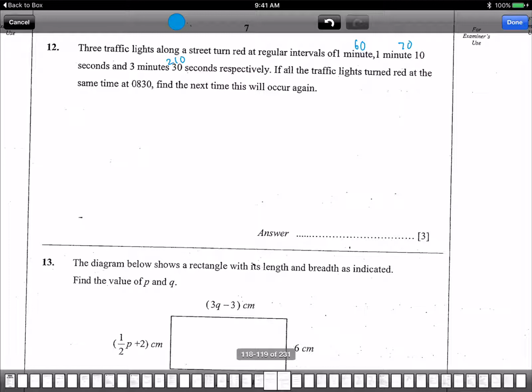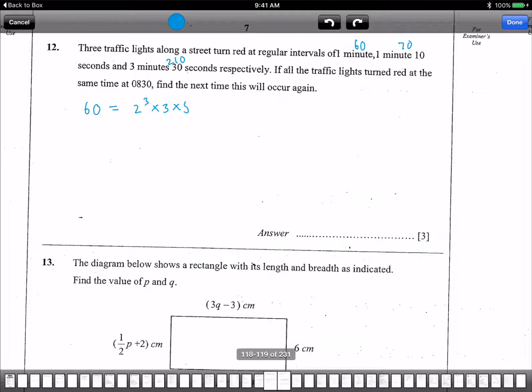Correct? So all the traffic lights turn red at 8:35. The next time will occur again. We are trying to find the common what? Not factor, okay? Common multiple. So you do your index notation. 60 equals to 2 cubed times 3 times 5.